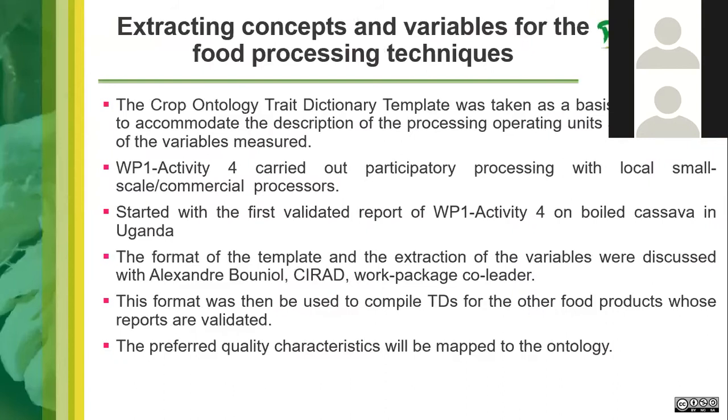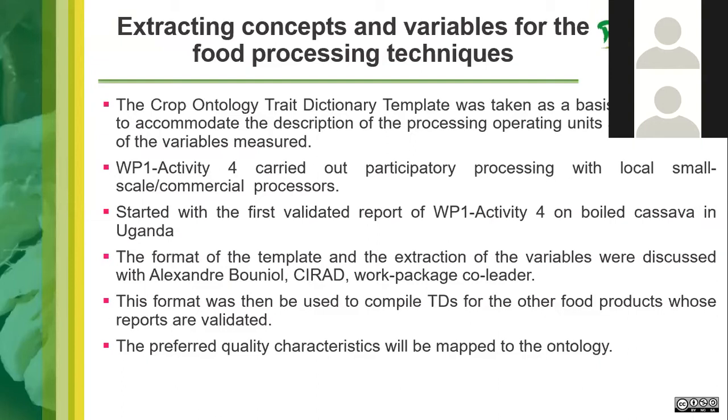After extracting sensory traits or making trait dictionaries for sensory traits, we went ahead and made trait dictionaries for processing techniques. And like in the previous case, we used a template and made some modifications.